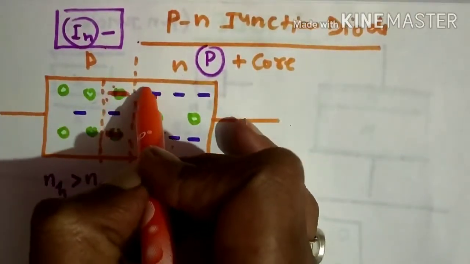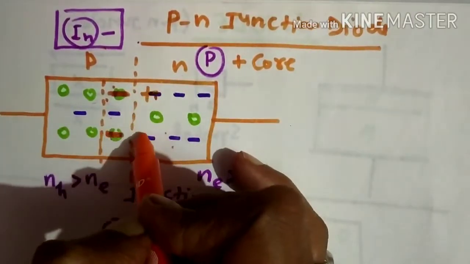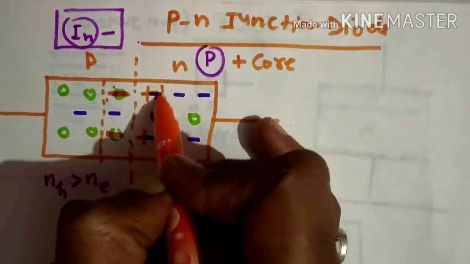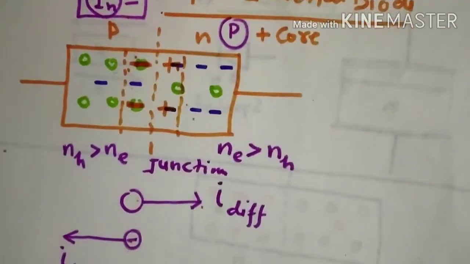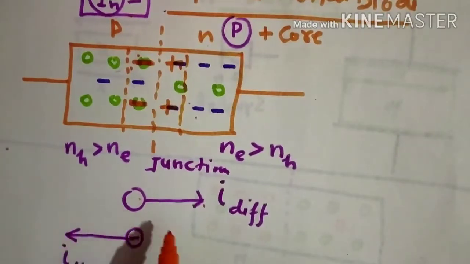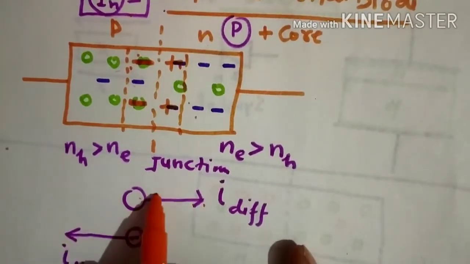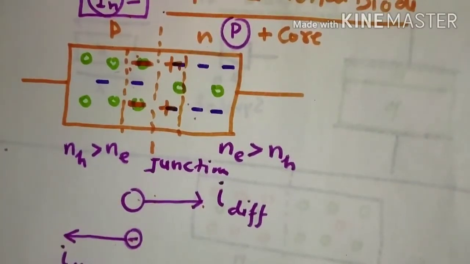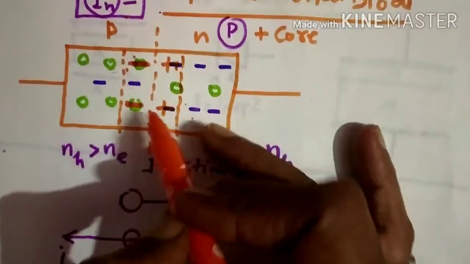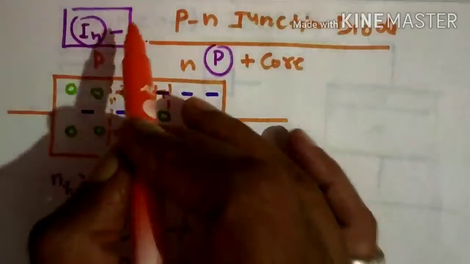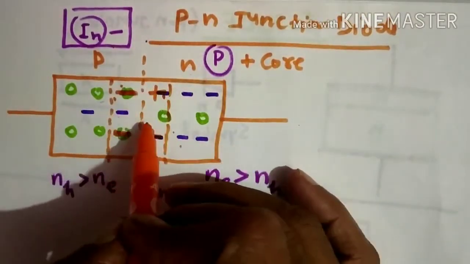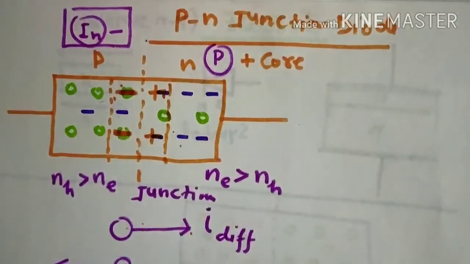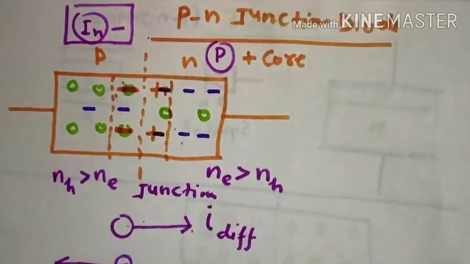So here near the junction a positive core will be left, that is immobile positive charge. Thus finally what we can say is, because of these diffusion currents, near the junction the immobile charges, the negative core and positive core, are being deposited on either side of the junction.